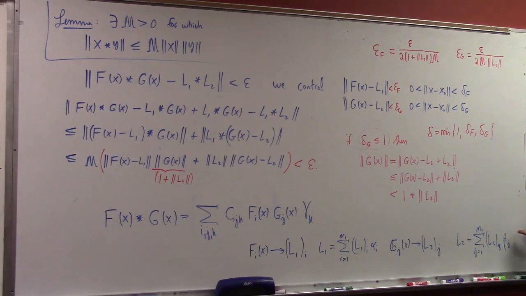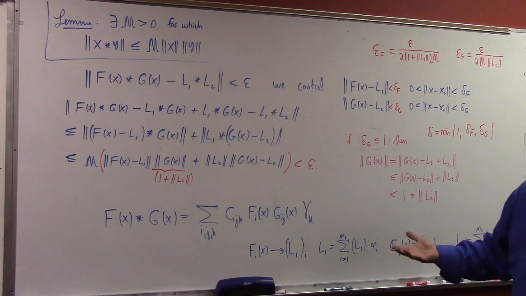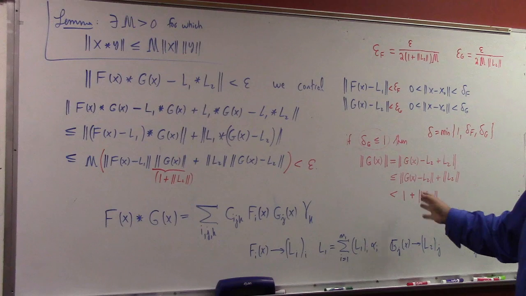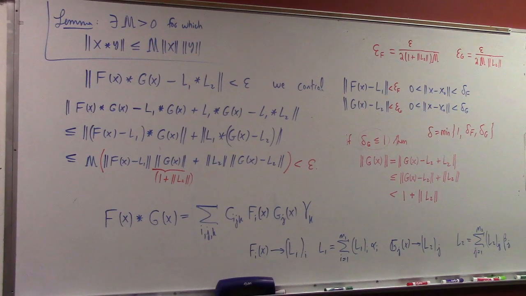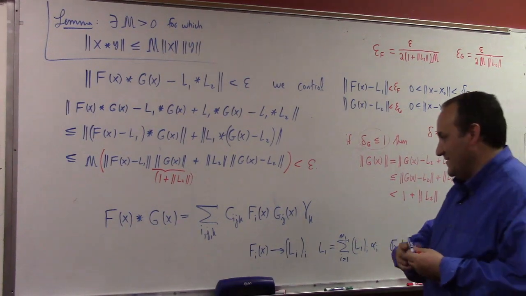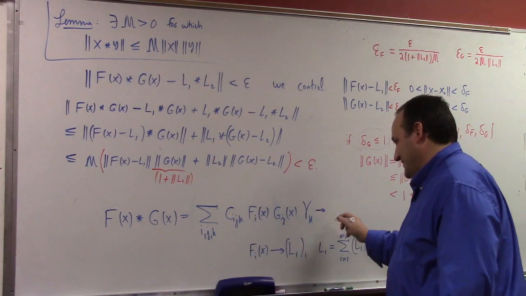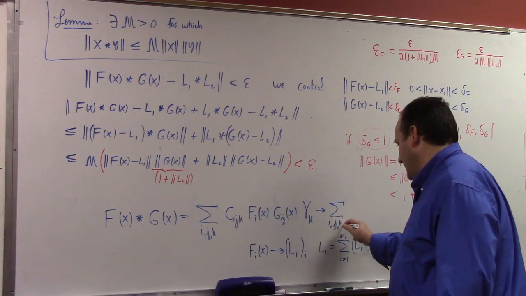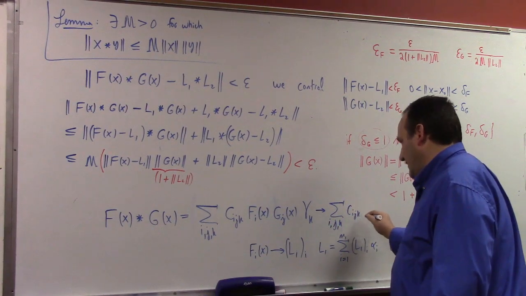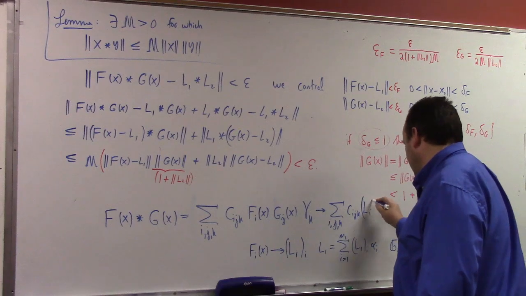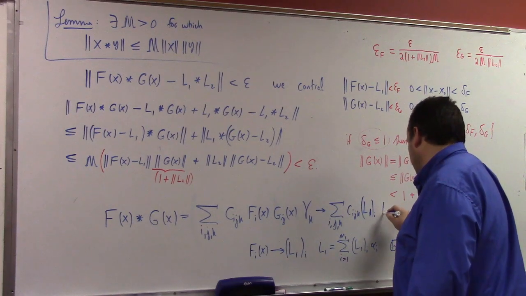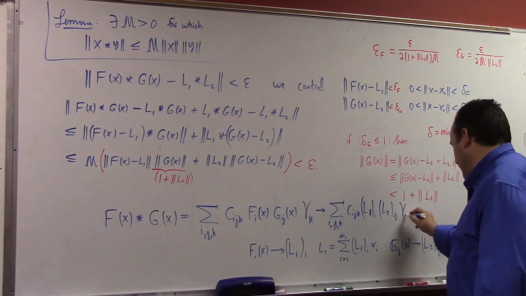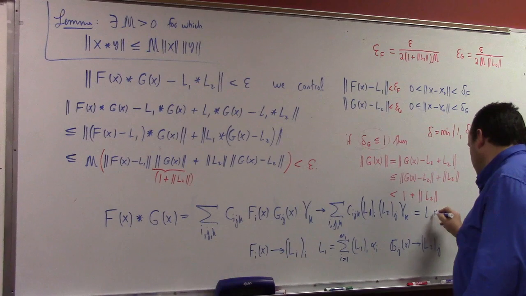So you see, I know that the component functions converge to the components of the limit. Consequently, by the vector limit theorem, this just maps to the sum over ijk of c_ijk, L1 sub i, L2 sub j, gamma k, which is straight up equal to L1 times L2.